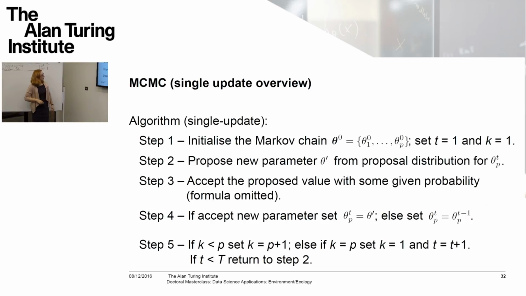I'm mentioning this, but I don't really want to go into the details. This is more for reference in future. But how you do MCMC, you start off with some initial value. There are different variants of it, but what's called the single update algorithm, I'll explain later why I've mentioned this. So you start off with an initial state: for every single parameter, set it an initial value.